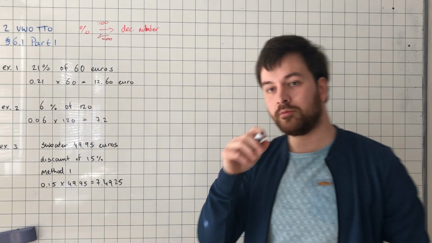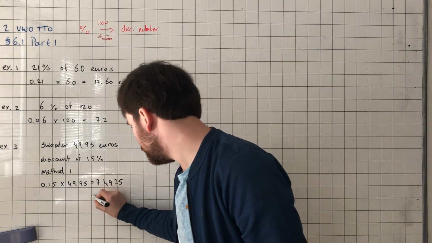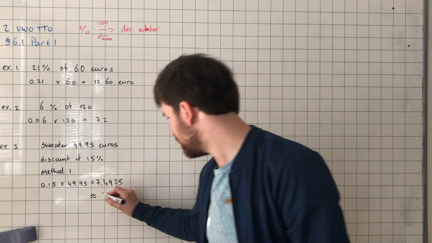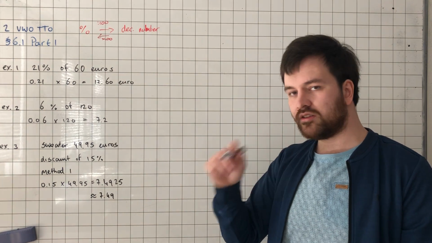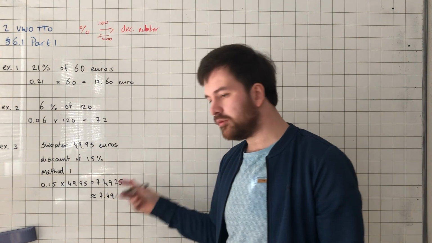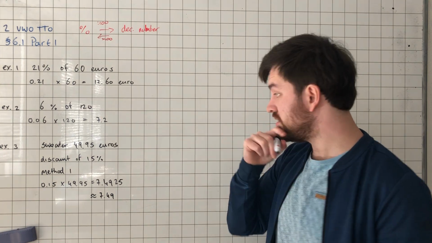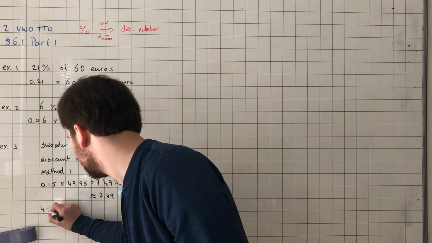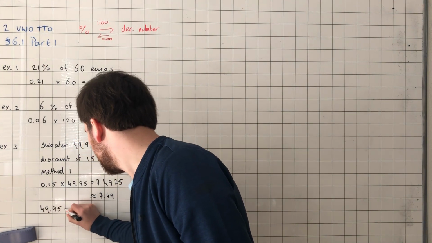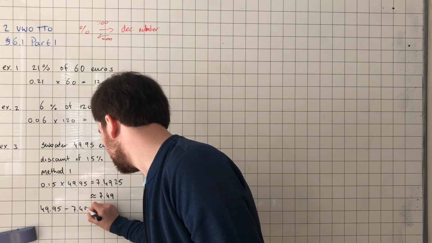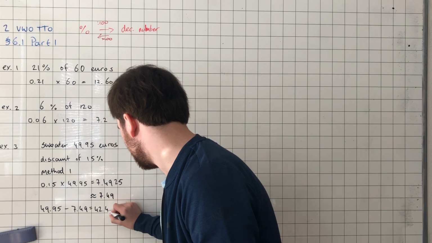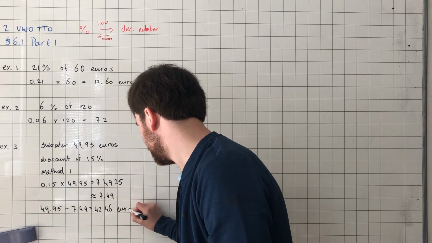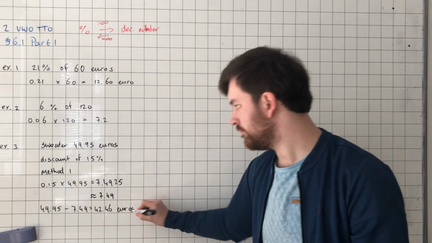But remember, we're talking about money, so you have to round this to two decimals, so 7.49. Since the discount is 7.49, we have to subtract that from our original price, so 49.95 minus 7.49, which is 42.46 euros. And remember, a unit.